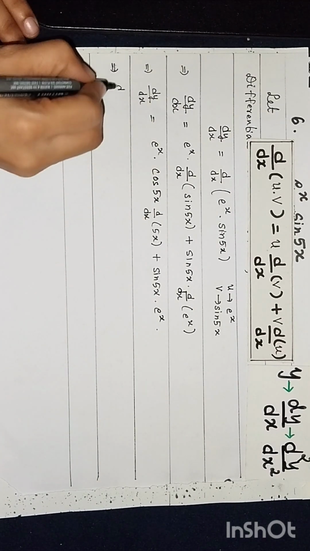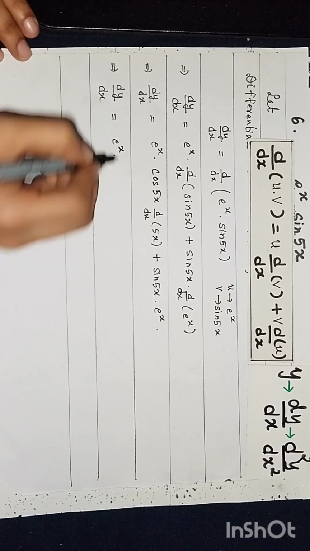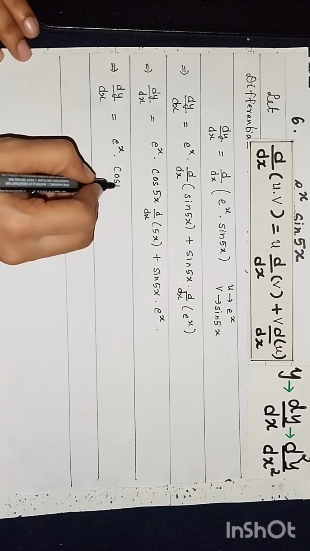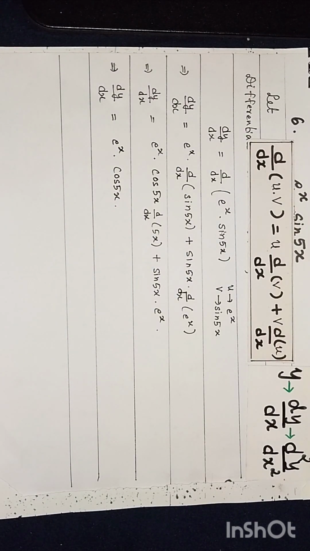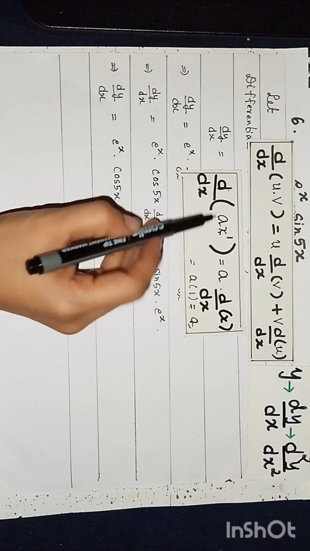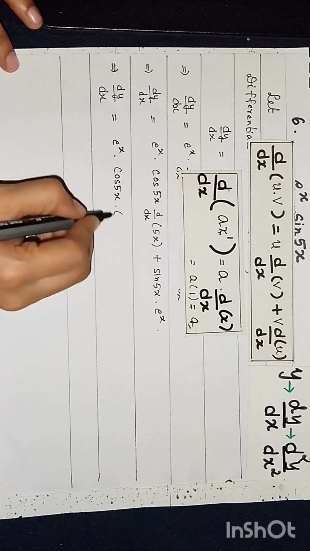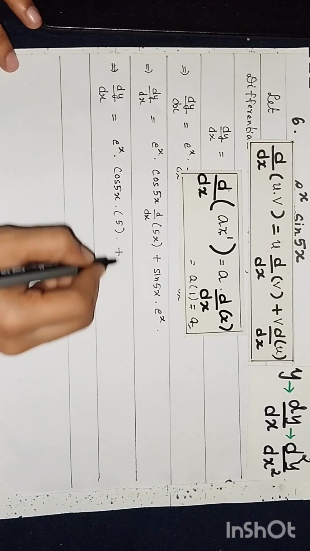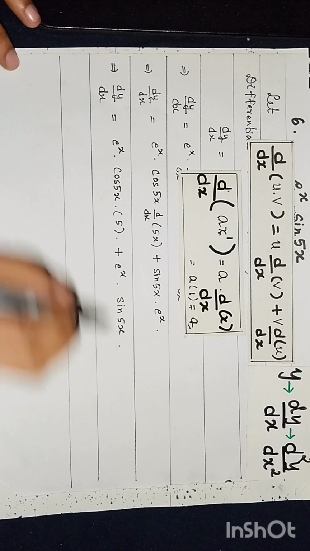Now this implies dy by dx is equal to e to the power x cos 5x, and derivative of 5x, when you have d by dx of a constant into x power 1, we'll just write the constant, so you will get 5, plus e power x sin 5x.